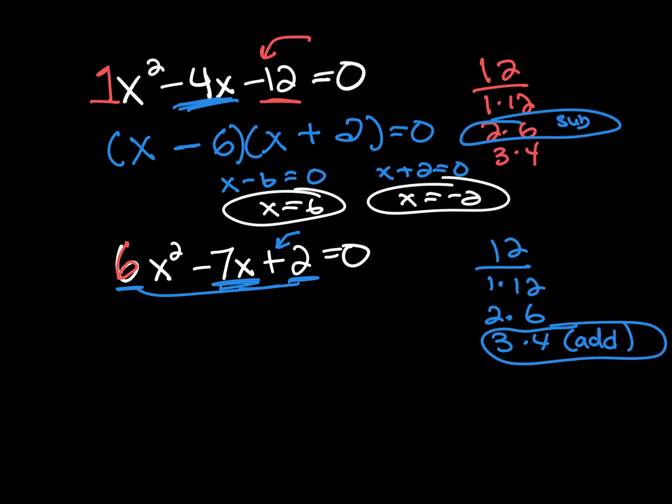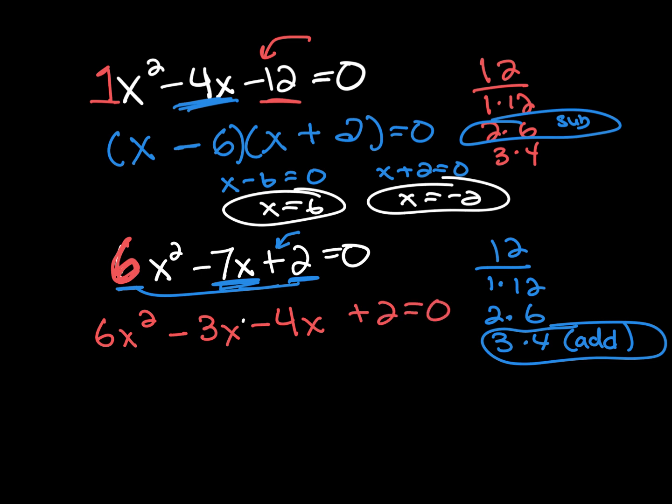And again, since this is a trinomial where the leading coefficient is not 1, I am going to rewrite this with 4 terms so that I can continue from here. I actually am going to make them both negative because I want the middle term to be a negative 7. So you do have to pay attention to your signs.